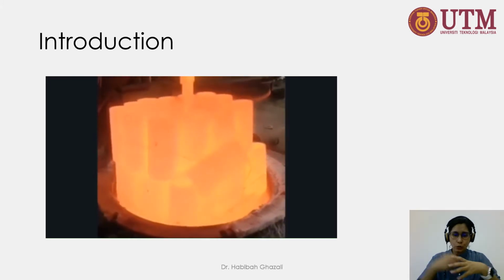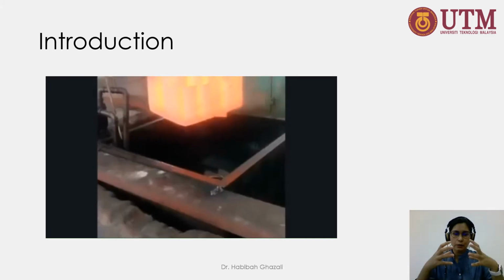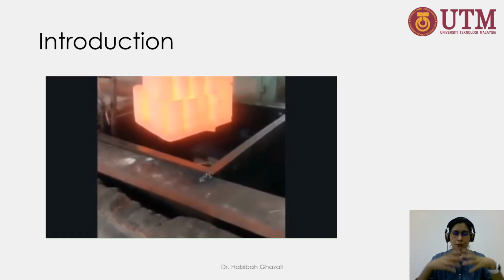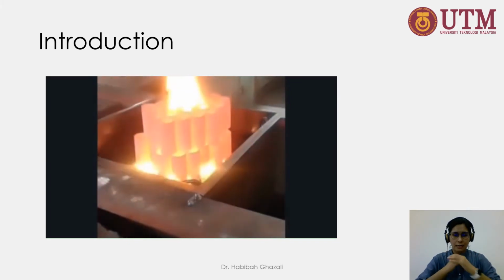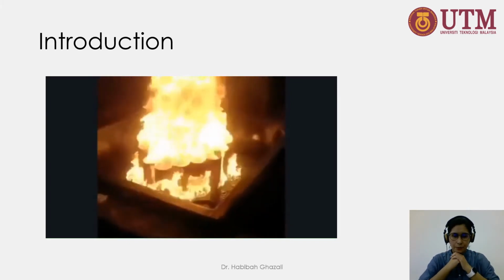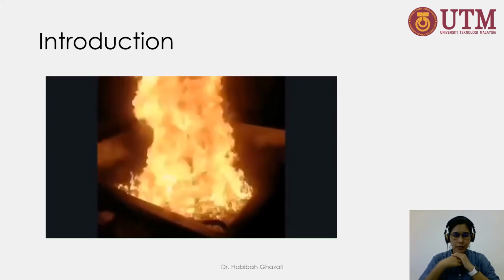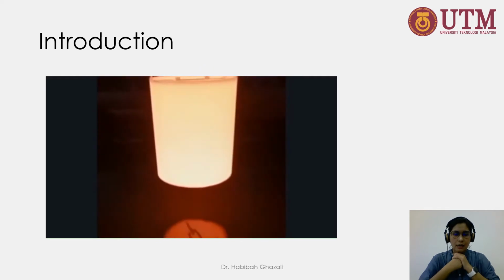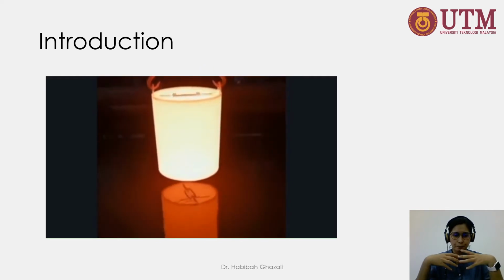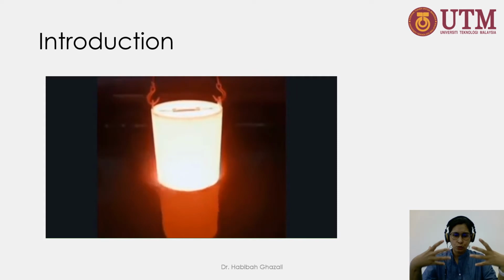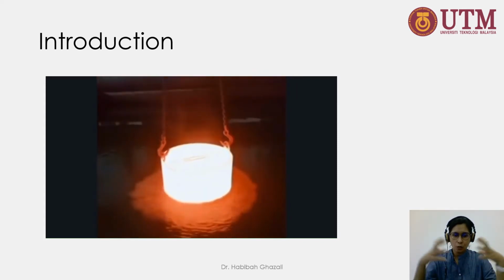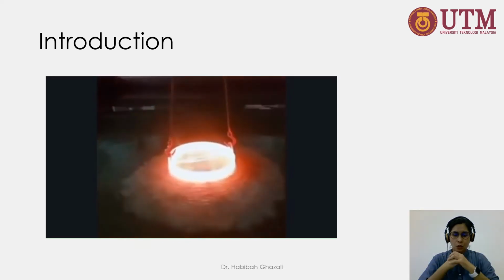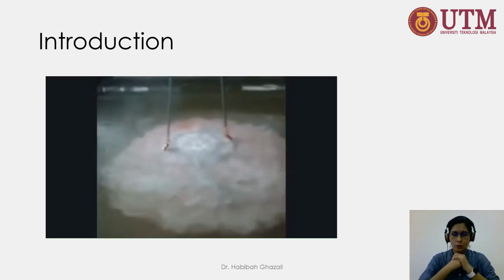I would like you to think about how the temperature differs across the cross-sectional area of this steel product. As you can see here, another product is being quenched inside the water. What do you think happens in the middle as opposed to the surface of this structure during this quenching process?